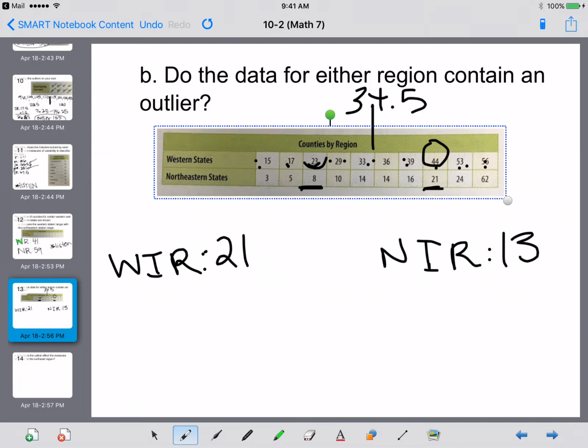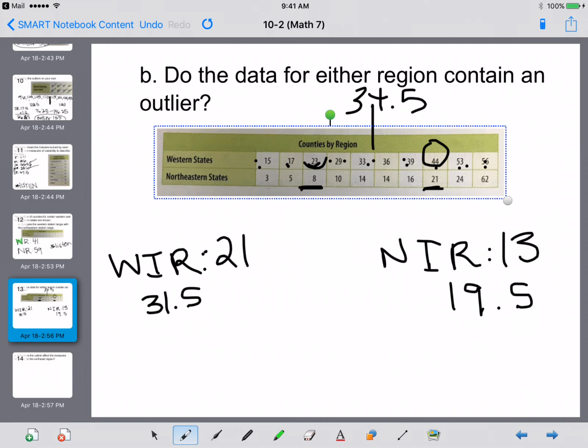Step 2, after you figure out the interquartile range, is to multiply those numbers by 1.5. So we're going to take 21 times 1.5 to get us 31.5. Same thing with our other piece of information. 13 times 1.5, sorry, to get us 19.5.